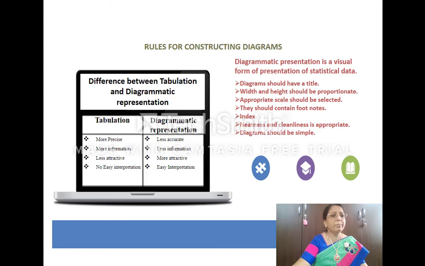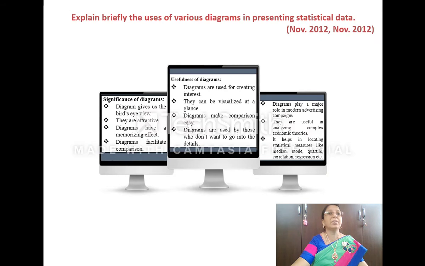Even in a cricket match, if it's given in a tabular column, by the time you see the scores and your interpretation goes on, it takes time. But when they draw the graph, you know what the projected score is after the 30th over. So it is easy to interpret when you have diagrams or graphs.